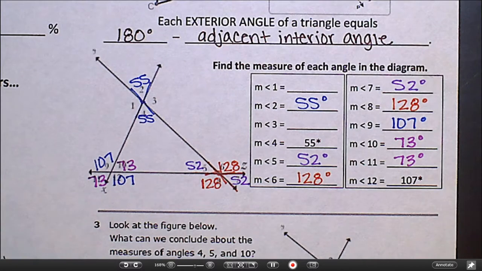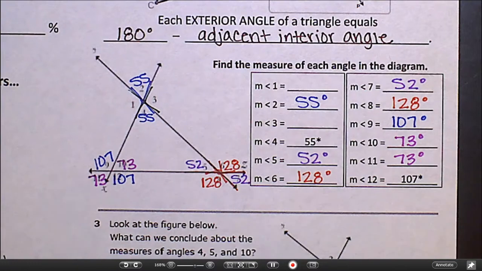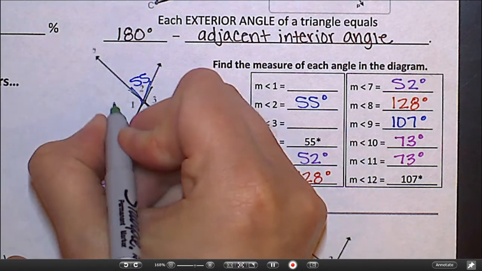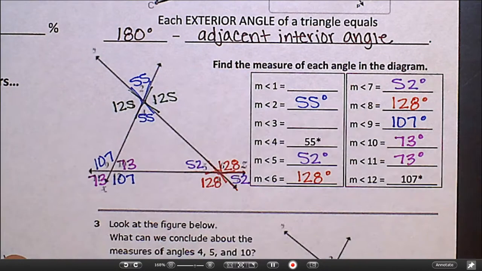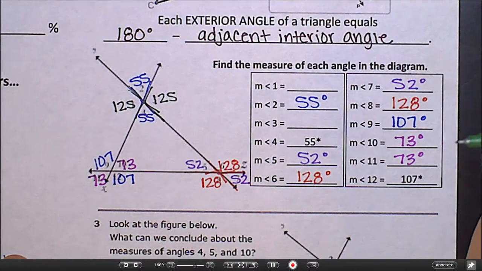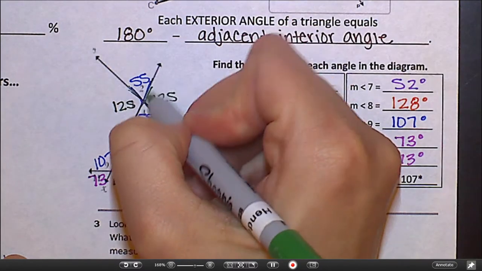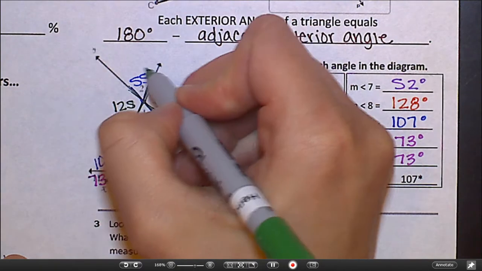I know that 1 and 3 have to be the same also because they are vertical. But how do I figure out angle 1? Well, I can take 180 minus the 55, and I get 125. Because these make a straight line, so they have to add up to 180. Or I could have used angle 2. These make a straight line, so they have to add up to 180.